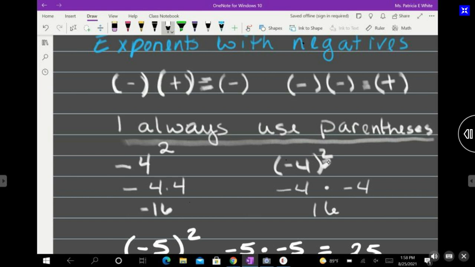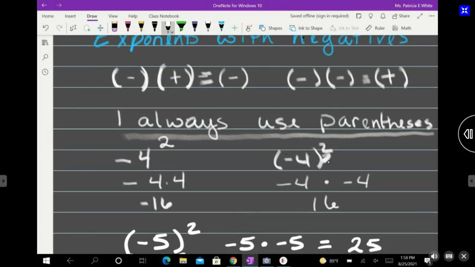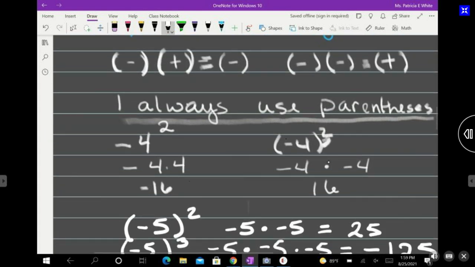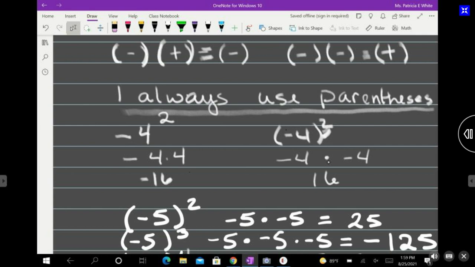So now instead of a -16, I have a completely changed answer, right? And I still have a lot of people who ask me, isn't -16 and +16 the same thing? No.